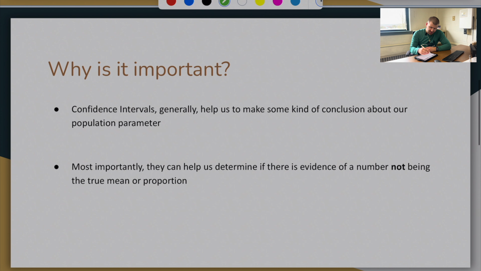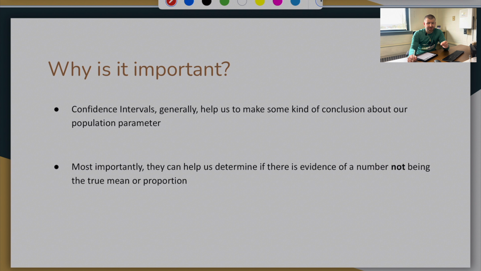And so, why are they important? Well, one, they help us make some kind of conclusion about our population parameter. But what's really important about them is that all they help us do is to exclude values. If the number that you care about making a conclusion on is in your interval, it could be that number, or it could be any other number in that interval as well.